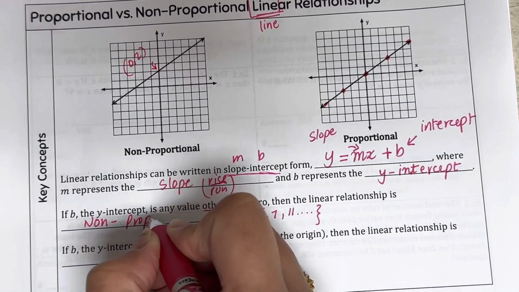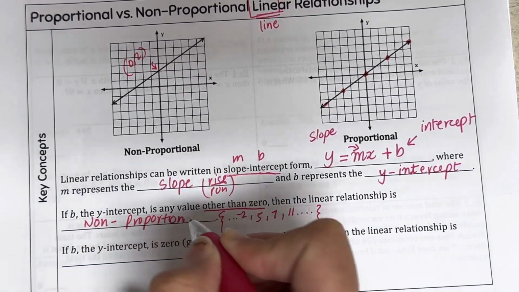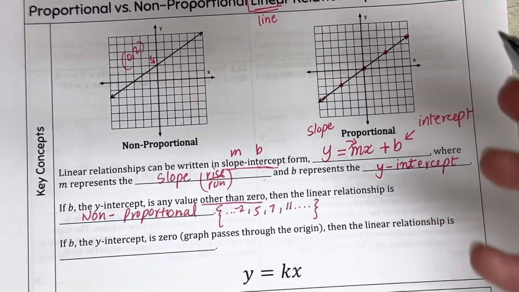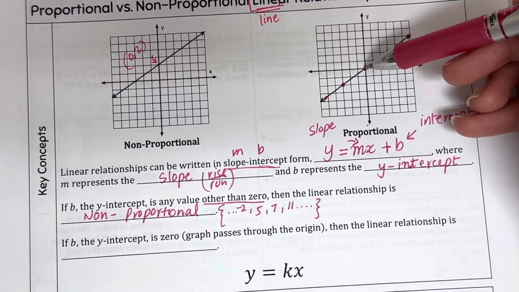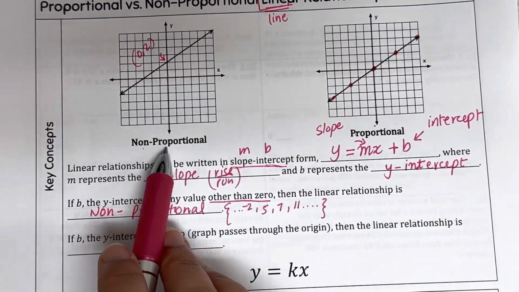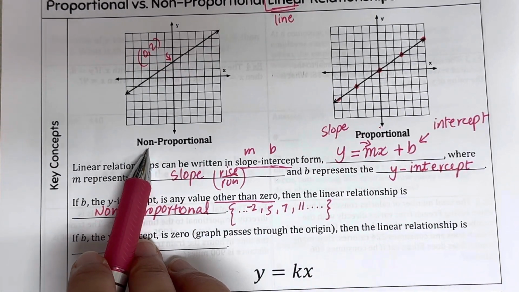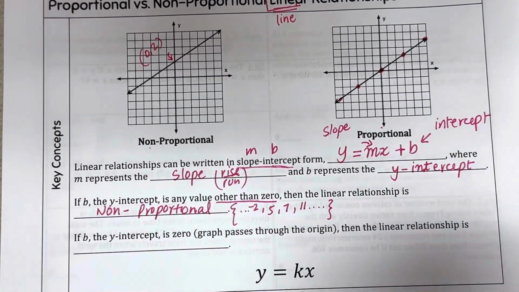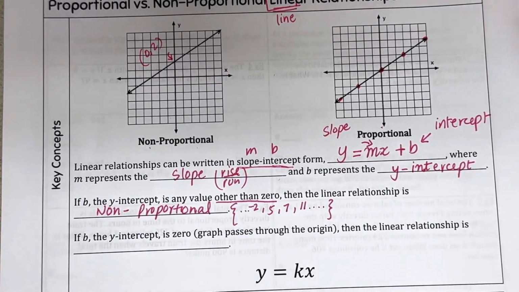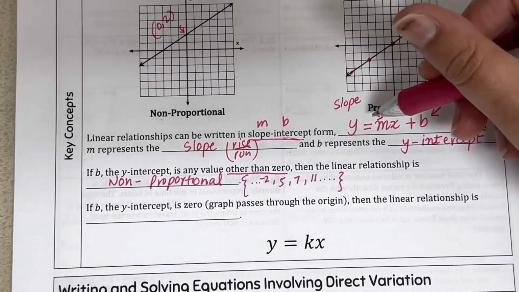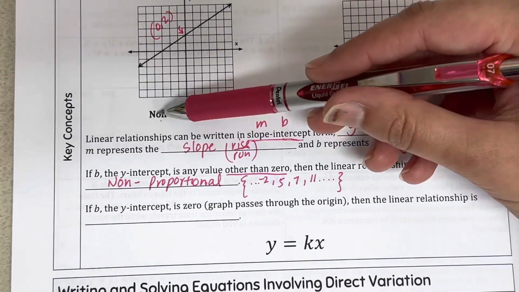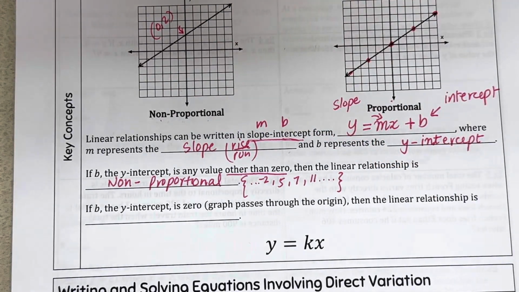The way I have memorized it is, I tell my brain, passing through 0 is proportional. Not passing through 0 is non-proportional, because not is the same thing as non. If you want to use that idea to remember or memorize this. Proportional, passing through 0. Non-proportional, not passing through 0.